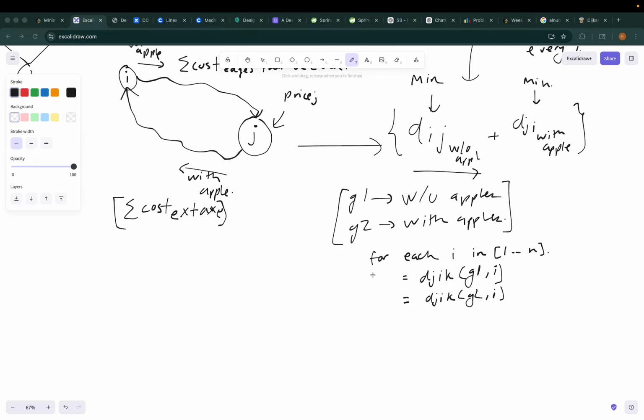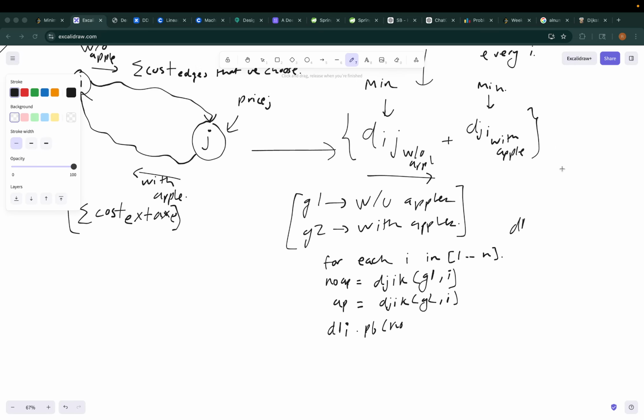Let's call one no apple and the other apple. D1 is a 2D vector containing the distances of all the nodes I and j without the apples. So D1 of I, we push back the no apple path that we calculated above. Similarly, D2 of I, push back the apple path. Similarly, you also maintain D2.